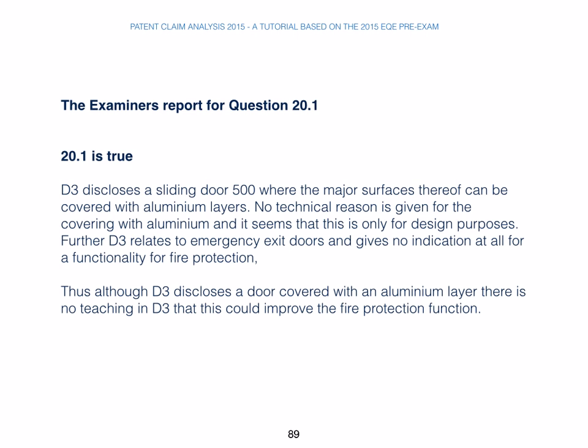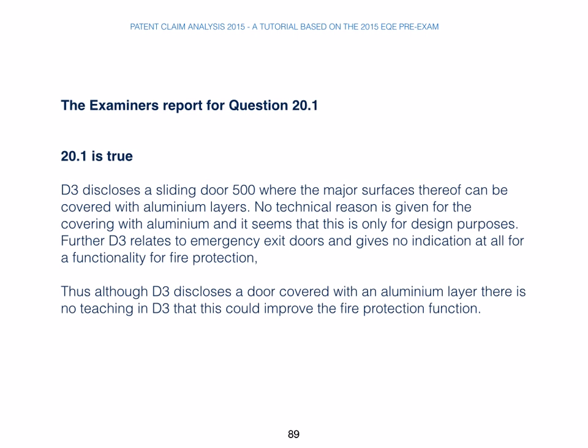No technical reason is given for the covering with aluminium, and it seems that it is only for design purposes. Further, D3 relates to an emergency exit door and gives no indication at all for a functionality for fire protection. Thus, although D3 discloses a door covered with an aluminium layer, there is no teaching in D3 that this could improve the fire protection function.